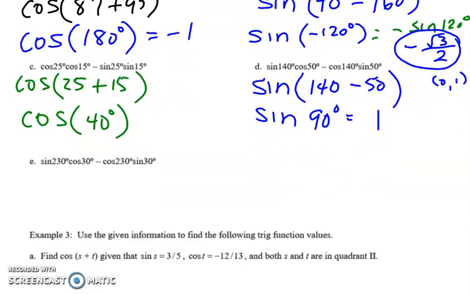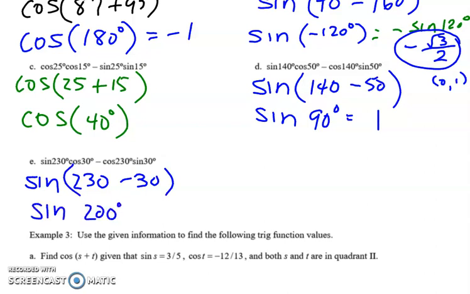E, again, we have sine cos minus cosine sine, so the sine of 230 minus 30, or just the sine of 200 degrees. Again, that's not in any of the families that we know.